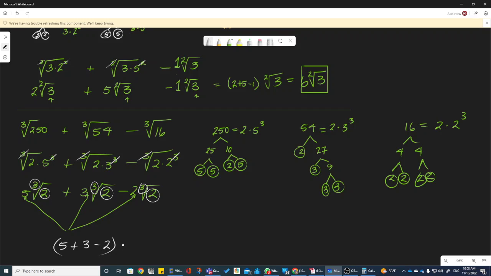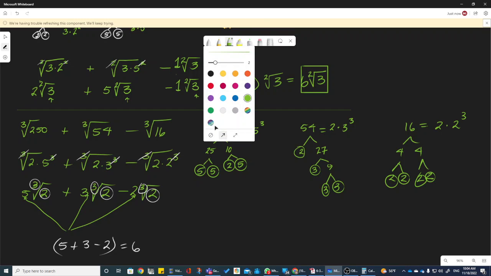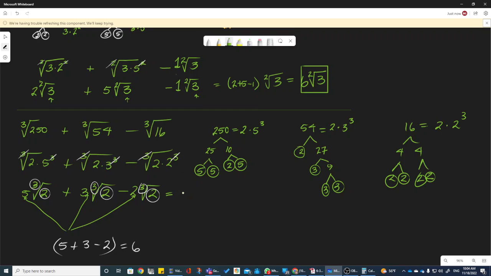Okay? And that is equals to 5 plus 3, it's 8 minus 2, 6. So at the end, this is equals to 6 and the third root of 2. And that's the final answer. Okay? All right.